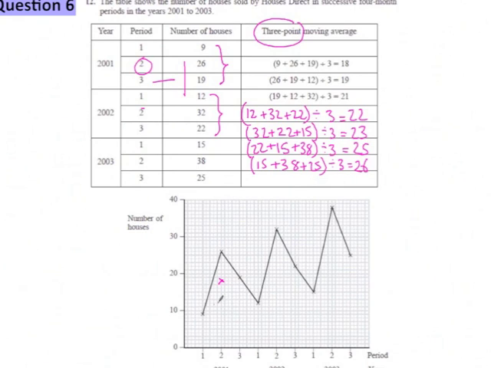So we can see here that we're going to go along 1 quarter at a time. 3 and 19, just there. 1 and 21. 2 and 22. 3 and 23. 1 and 25. And 2 and 26.